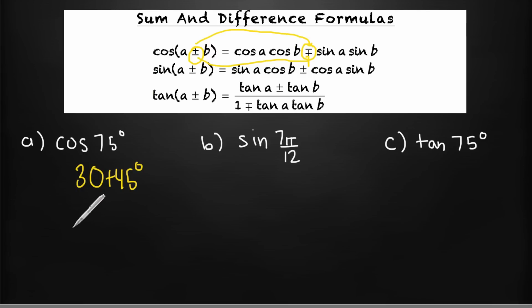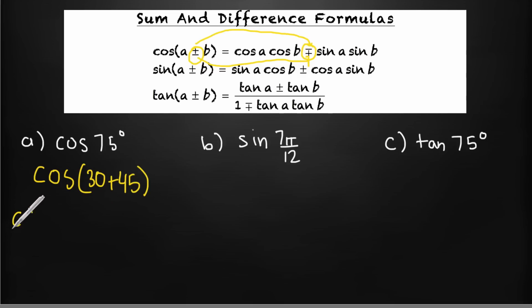Or we could pick 120 minus 45, and that would also get us to 75. But we are just going to pick for right now the simplest two that we can find. And so we're going to break this up as cosine of 30 plus 45, and we're going to plug that into our formula.